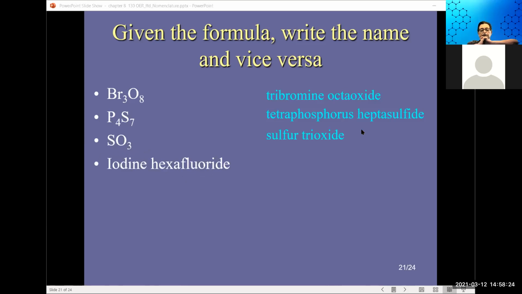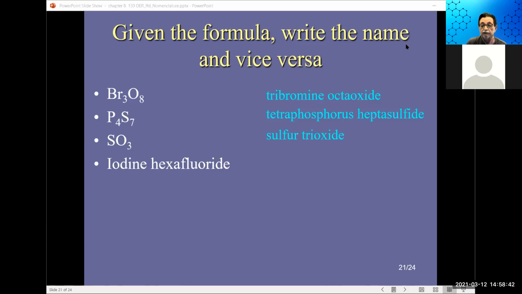Okay, now this time you're given the name. Now you're asked to give the formula. And so just reverse the process. When we're given the formula, you give the base name. Here, give the base formula. Well, we got iodine and fluoride.